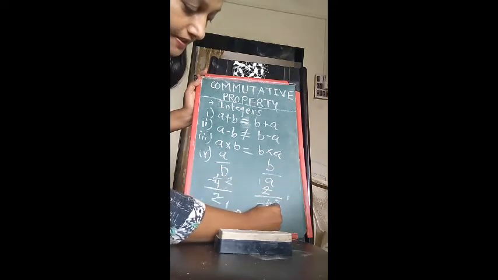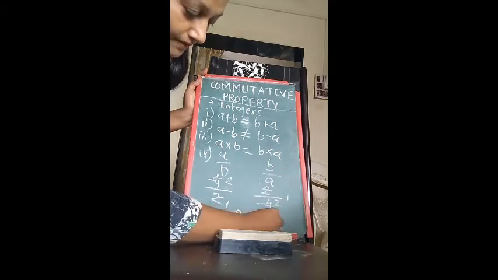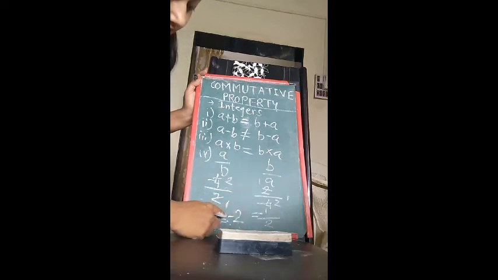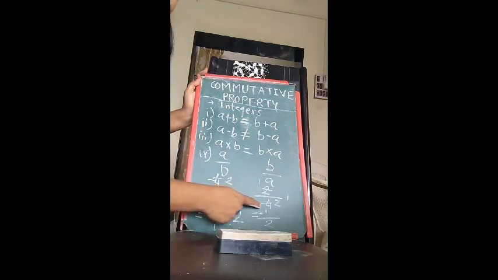So 1 is on the numerator side and 2 will come as the denominator. The sign is minus. So here the answer is minus 2, there the answer is 1 upon 2. It is exactly the inverse of minus 2. The inverse of minus 2 is minus 1 upon 2.